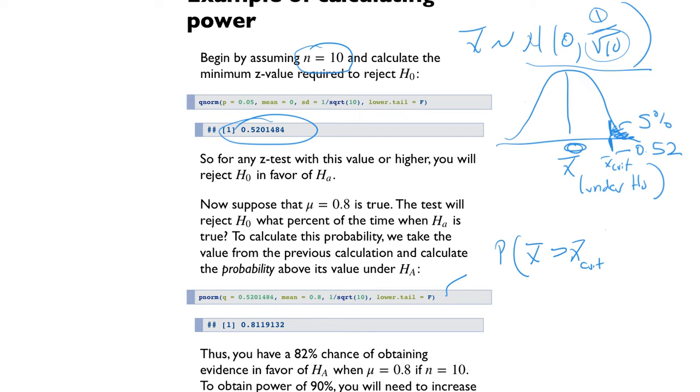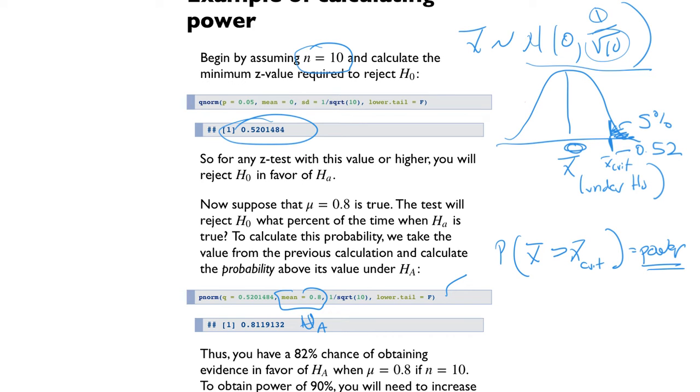That is essentially the power, because it's the probability of us rejecting the null hypothesis if it's not true. The only thing we have to put in here is the new mean. So we have to put in what I call mu A, our proposed alternative to the null, which was 0 in this case.